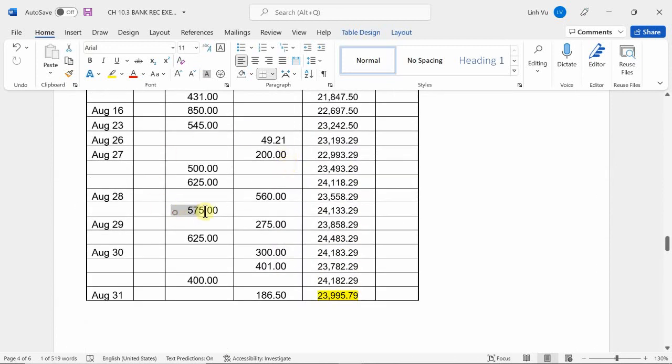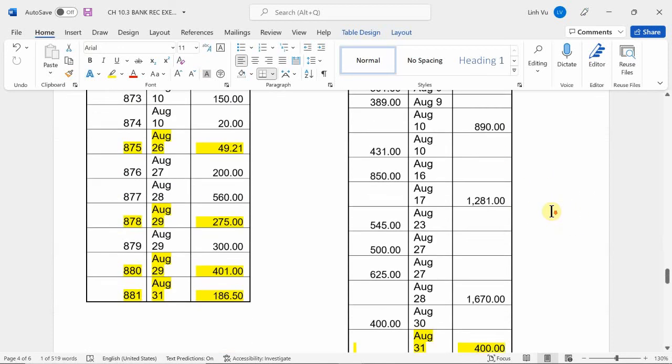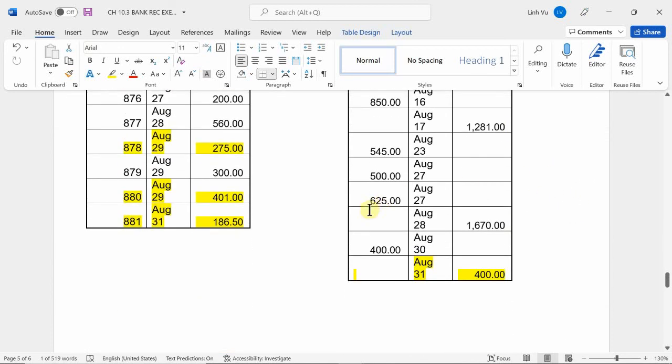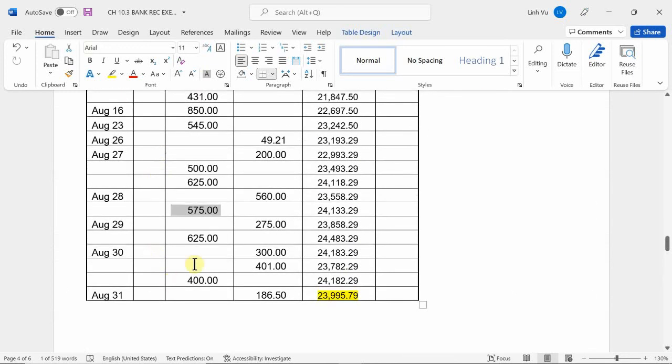Did I deposit $575? Let's see. In this case, no. The last deposit I made was for $400. So that means I missed this 500 and I also missed this $625.